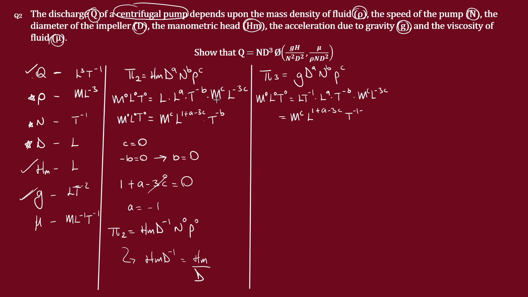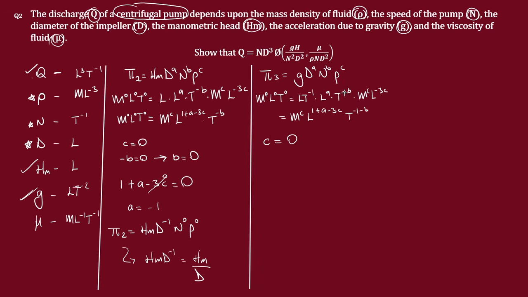T raised to power minus 2 minus b. So solving simultaneous equations, we can establish again that c is going to be 0, since this is the only M term. So solving for b, it's going to be minus 2 minus b is going to equal 0.